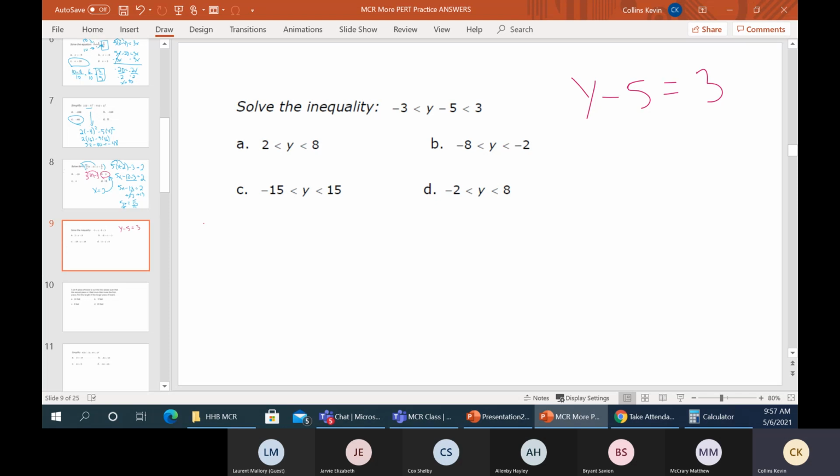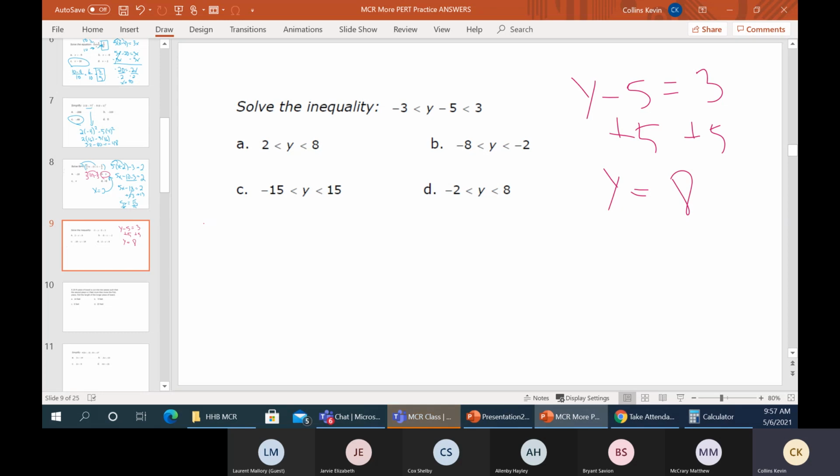For solving for y minus 5 equals 3, what do you do? Yeah, add the 5, right? So we do that. And then we get y equals 8.